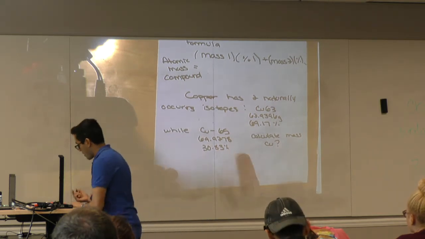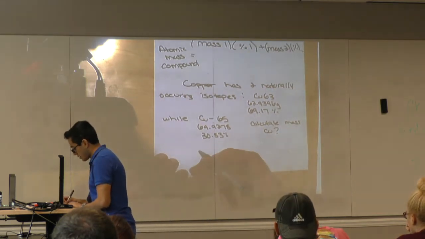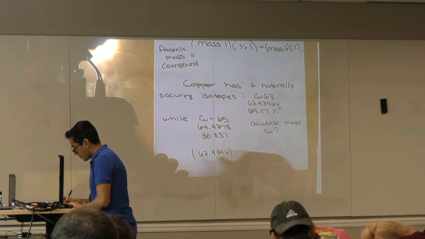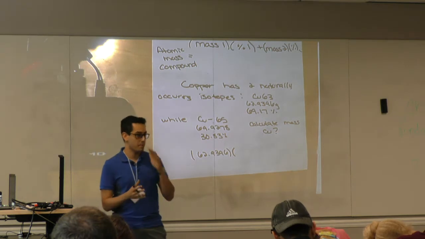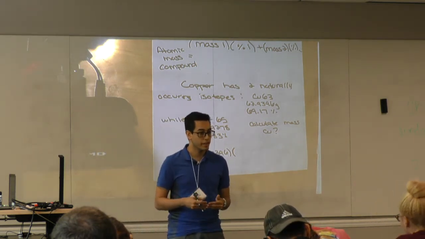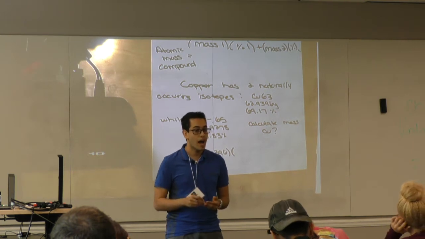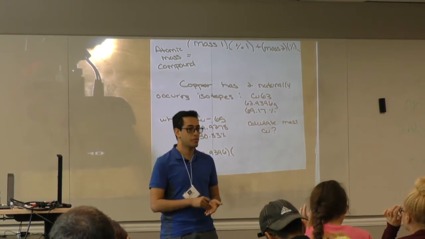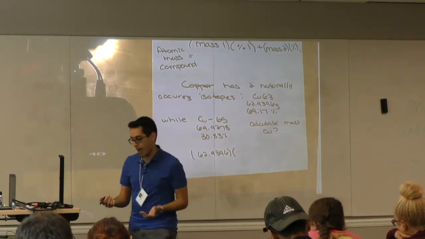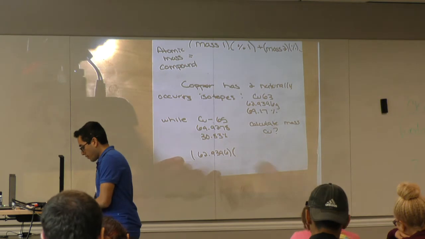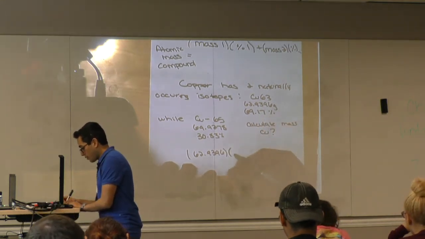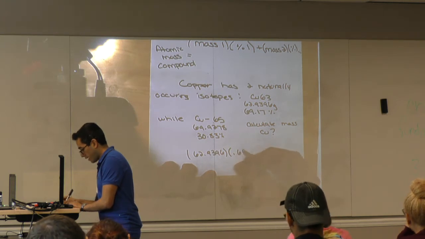So we know the mass of Cu63 is 62.9396 times its percentage. Now here's where you got to remember and be careful. Percentages in numbers, when you plug them into your calculator, they're fractions, right? So you have to put the decimal. You cannot put it in as the percentage, because if you do, you're going to get a number that is much higher than the actual expected answer. So for Cu63, the percentage is 69.17, which is going to break down to 0.6917.